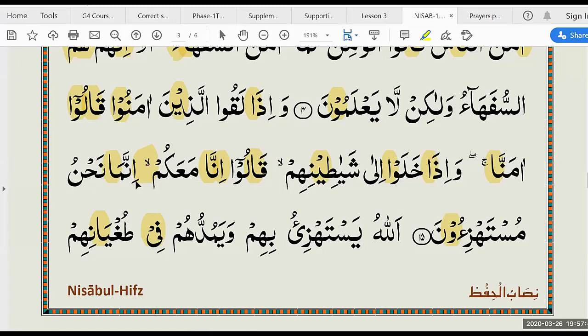So instead of continuing from innama, please go back a few words. So for example, inna ma'akum innama nahnu mustahzi'un. Okay, Jazakallah. So I just wanted to point that out.